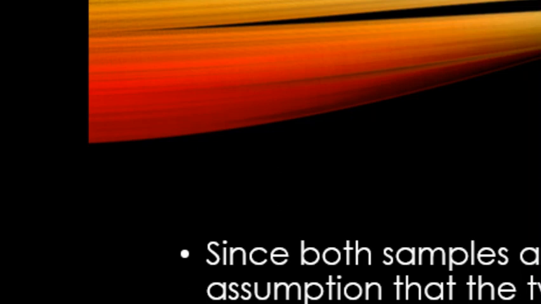So y1 bar minus y2 bar plus and minus t of 0.025. Again, it's a 95% interval, so 1 minus 0.95 is 0.05, divided by 2, so 0.025. And we can calculate the pooled variance and 1 over n1 plus 1 over n2. These are the values of the mean for the two data sets.